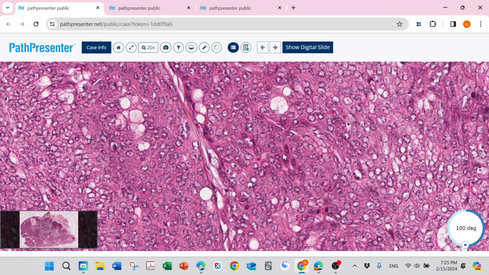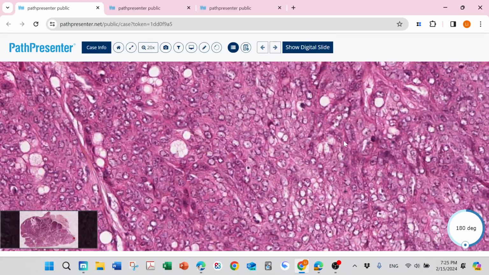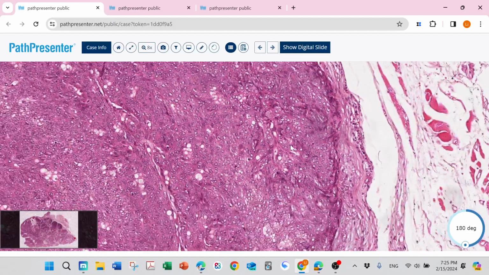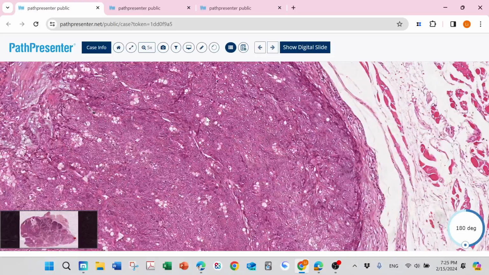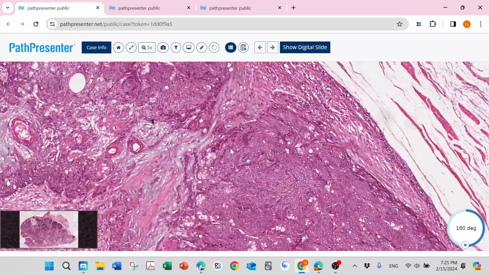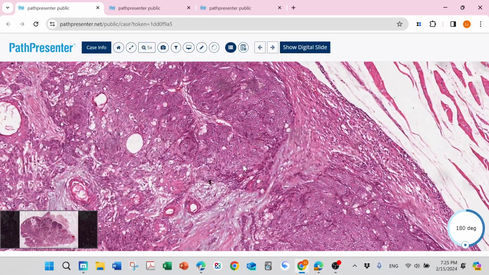Some cells are really big, really hyperchromatic. The atypia makes you think this should not be a benign entity, in combination with the infiltrative growth.